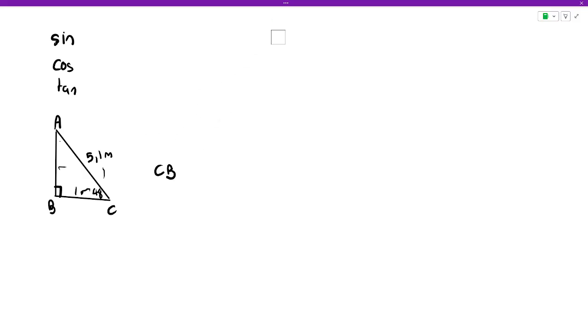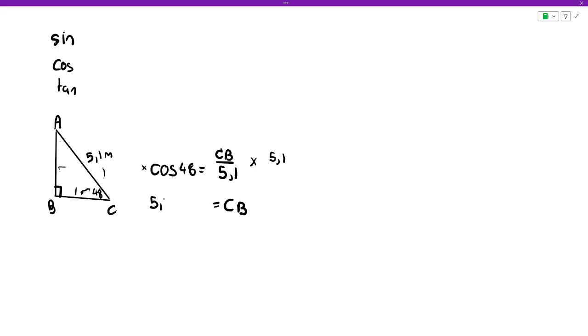So you need to equate it. You're going to say cos of 48 is equal to, now it's adjacent, so CB over 5.1. Then you use your basic equation skills to get CB on its own, times by 5.1 on both sides.